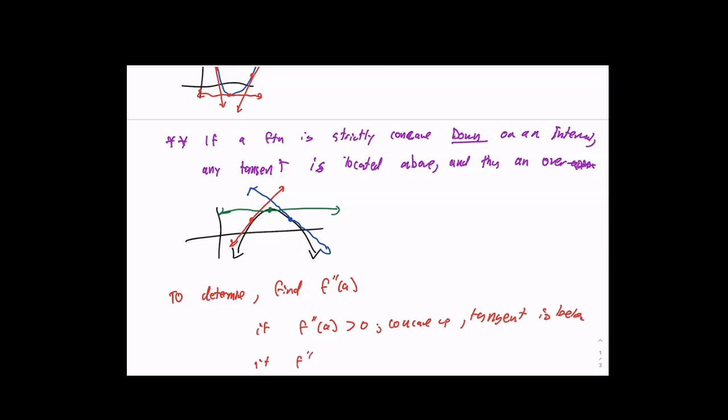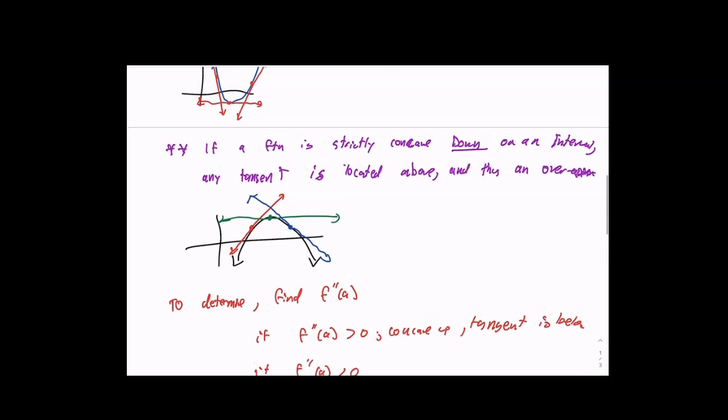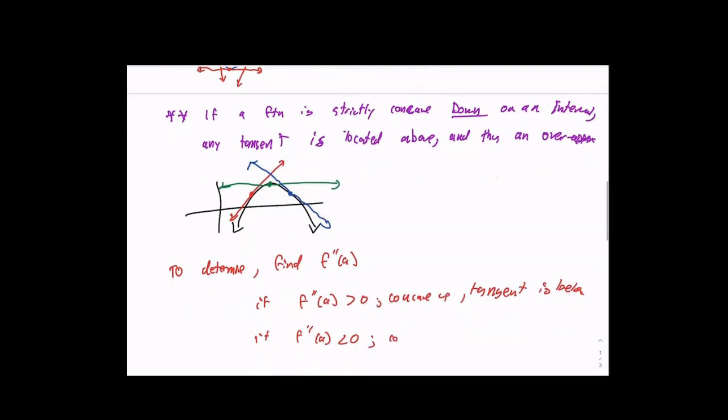If f double prime of A is less than 0, concave down, therefore tangent is above.